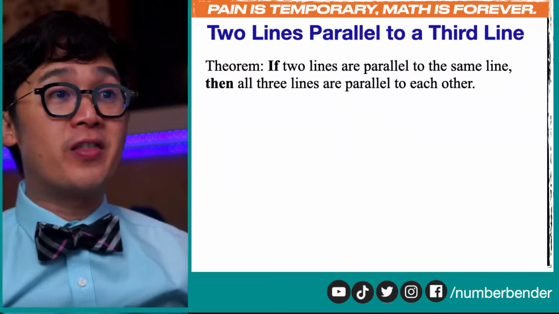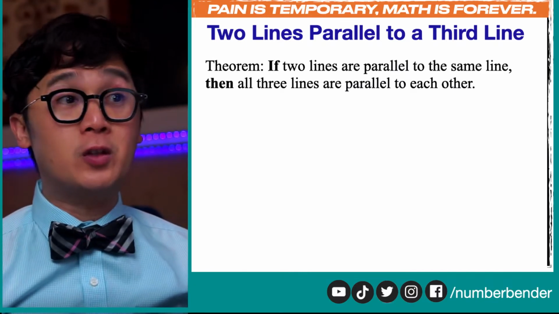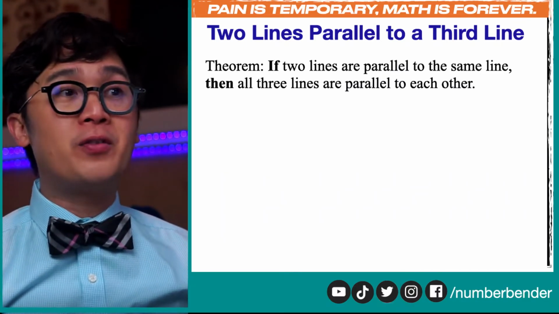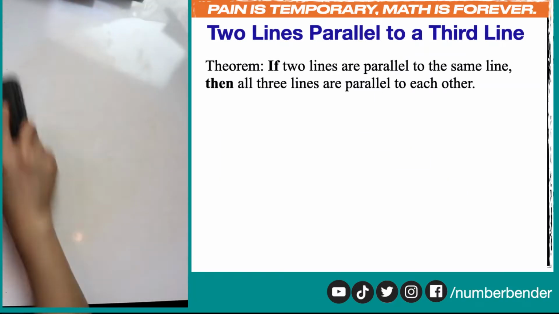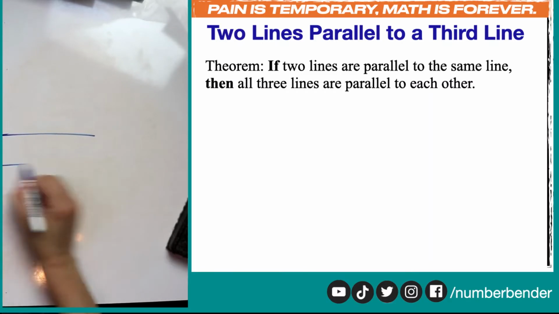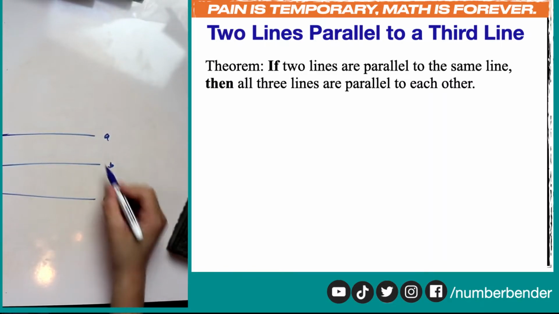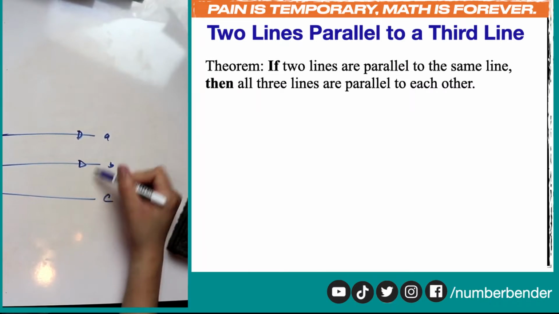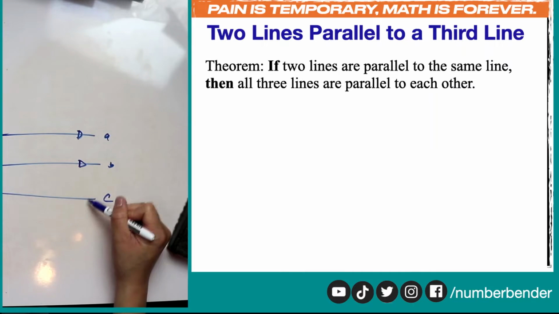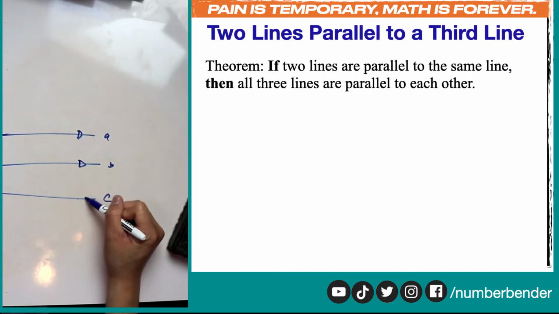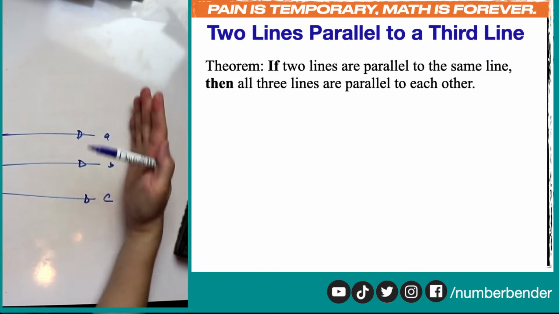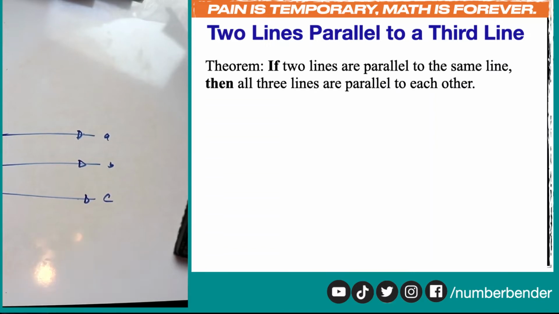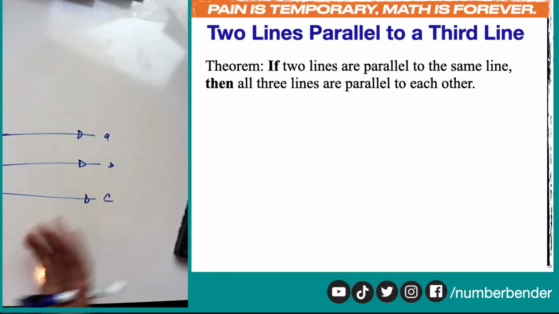For two lines parallel to a third line, we have a theorem that states if two lines are parallel to the same line, then all three lines are parallel to each other. So let's say we have three lines, A, B, C. Let's say A is parallel to B, and B is also parallel to C, so that means A is also parallel to C. So all these three lines would be parallel to each other using the two lines parallel to a third line theorem.